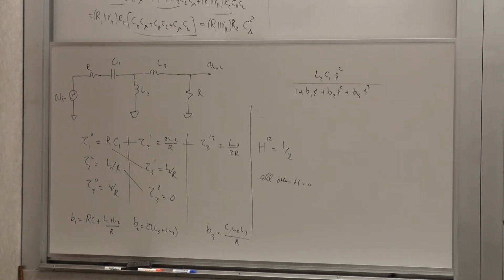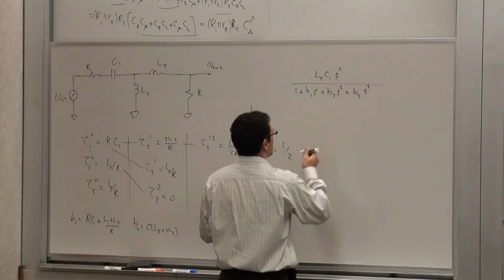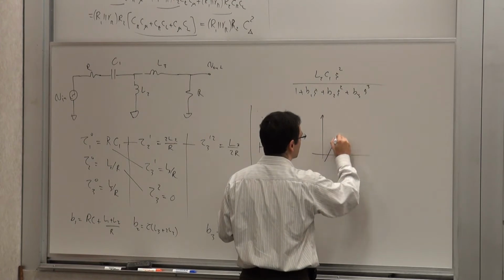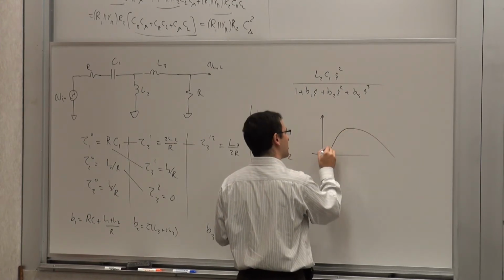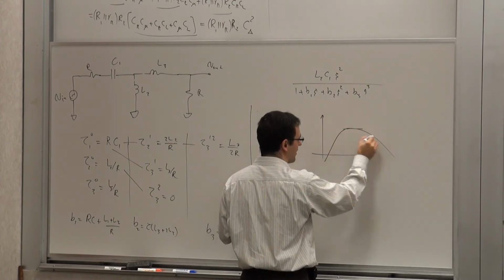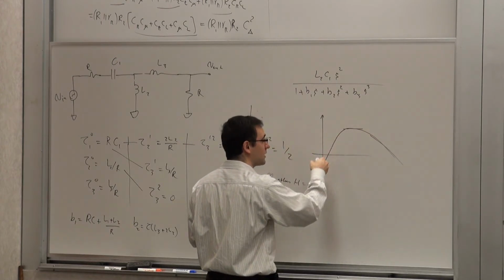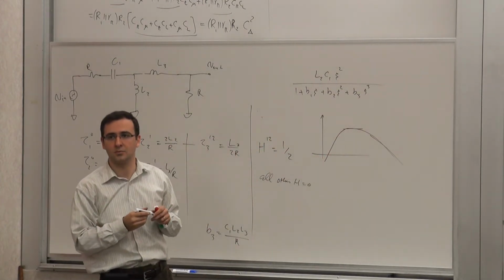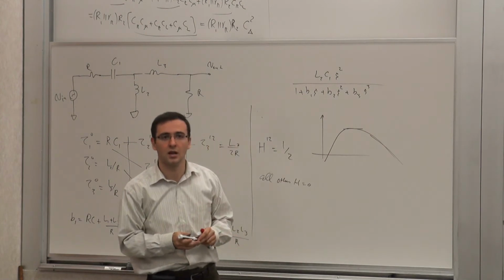You can plug these into that. And you can see it has 2 zeros at 0. And it's a third order system. So it goes like this. This is steeper on this side than that side. So it's like plus 40 dBs per decade on that side and minus 20 dBs per decade on that side.